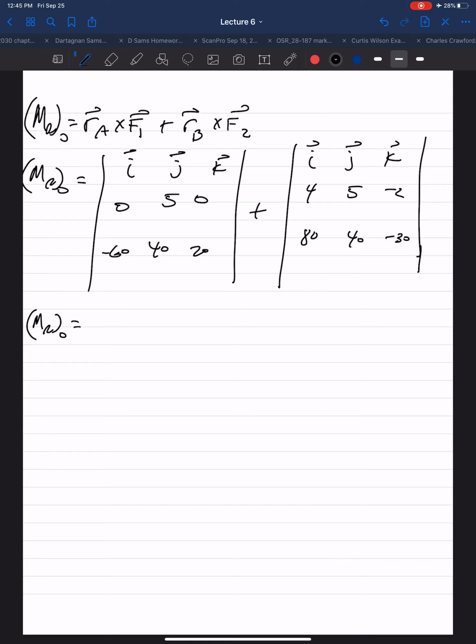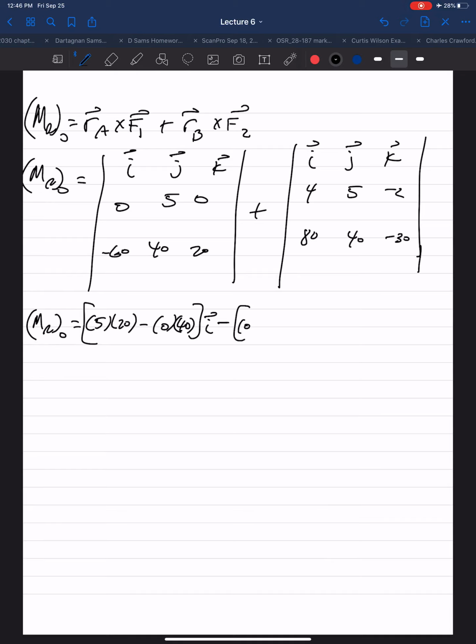So once again, for the first determinant, for the I, we're ignoring the top row in the first column. So it's 5 times 20 minus 0 times 40 I. The J term is always negative. So for the J, we ignore the top row in the second column.